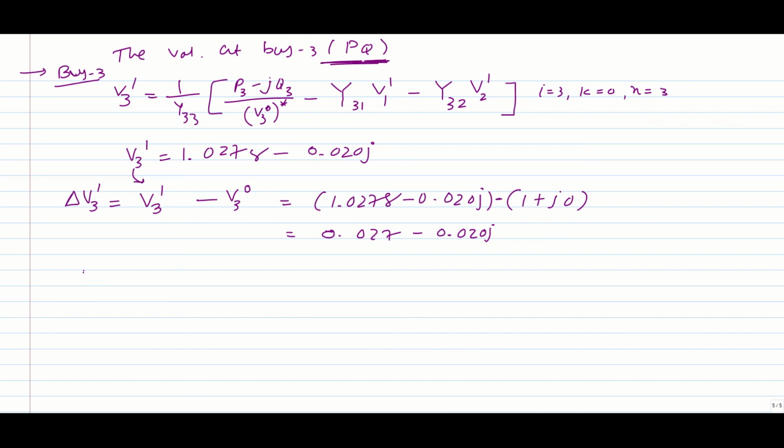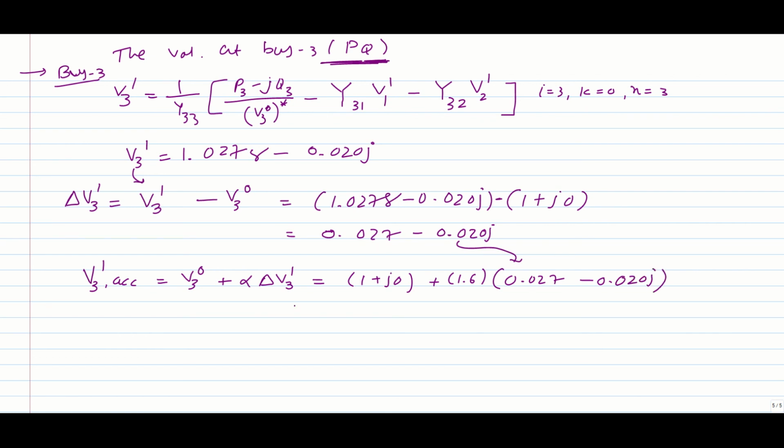So the final step for voltage at bus number 3 is V3 accelerated, which is equal to V3 0 plus alpha into delta V3 1, which is equal to V3 0, which is 1 plus J0, plus alpha, the value of alpha is 1.6, into bracket delta V3, which we have over here, 0.027 minus 0.020 J. Clear?